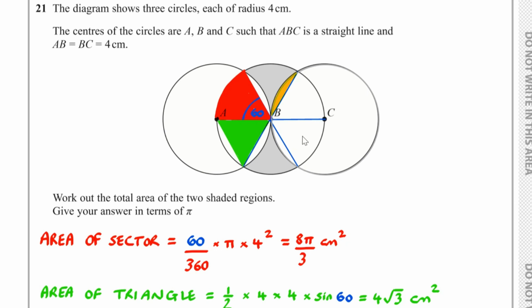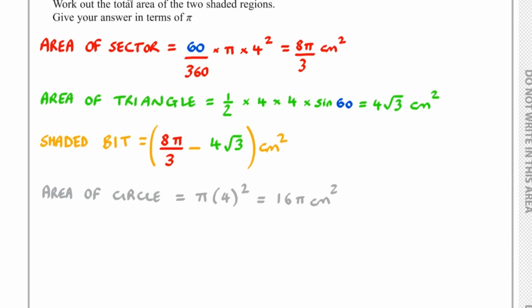So we've got this, this, this, and this. And then we've also got these bits in between, which we also need to take away. So we've got 4 of those sectors and 4 of these shaded bits, which we need to subtract from the entire circle.